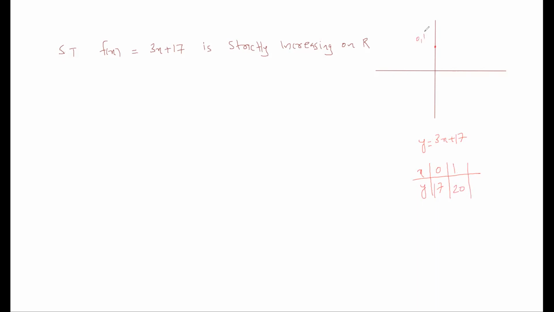So you can see that the graph will be like this. You don't need to draw the graph to prove it, I'm just showing you to understand. So this is the graph.